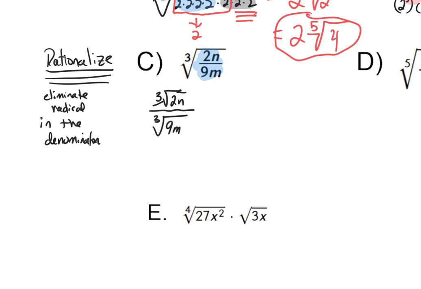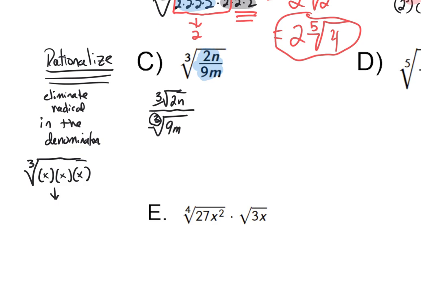So if I want to eliminate a cube root, the only way you can make that happen is if you do the cube root of 3 of the same things under the radical.